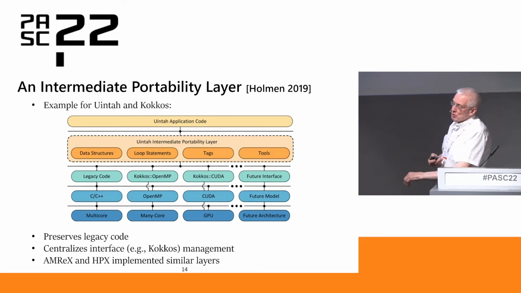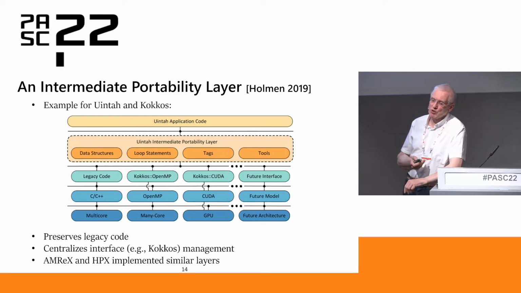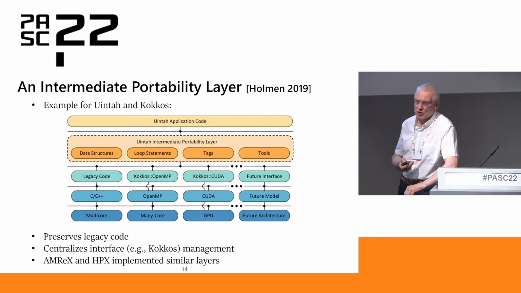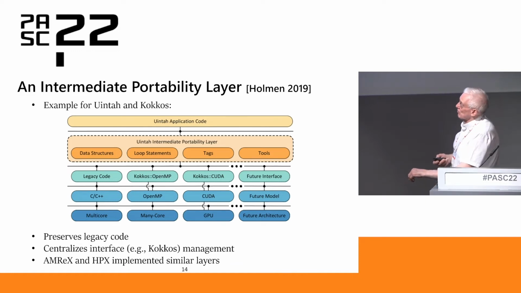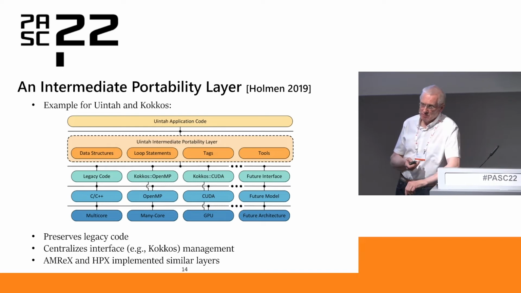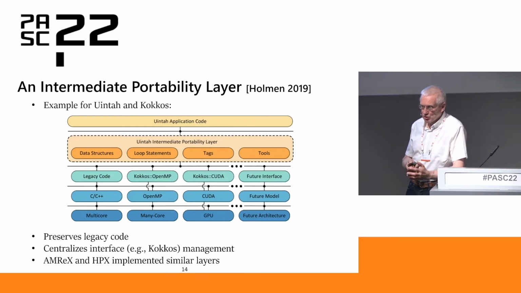The challenge with using it in legacy code is that you want to make sure that you've got a way of still keeping your legacy code that hasn't been moved across. So John Holman put together this layer that we have, which allows us to use our legacy codes, COCOS with different options, or even future interfaces should we choose to use them.